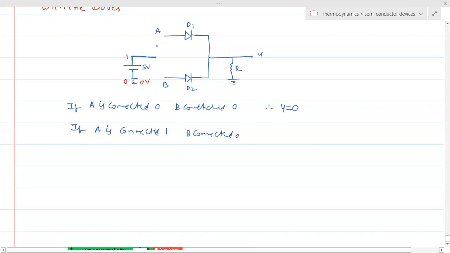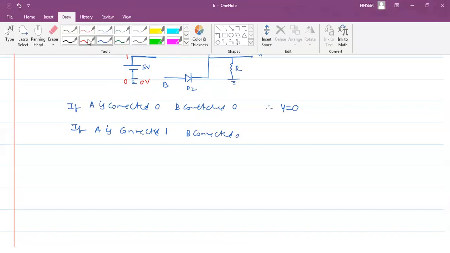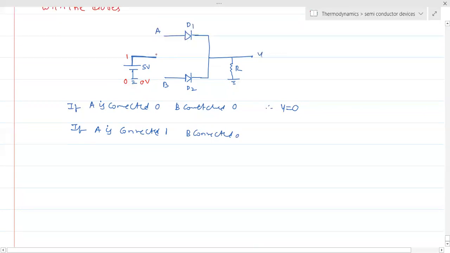So this 5 volts is connected to A, and automatically the current travels through D1 and we have the output. Therefore, in this case, we take y equal to 1.